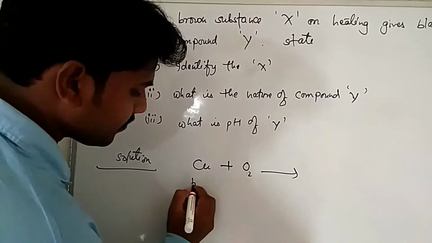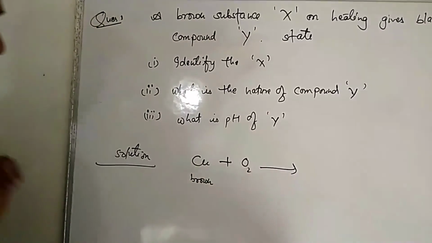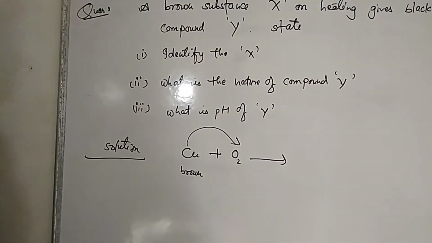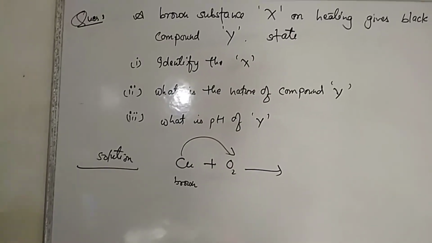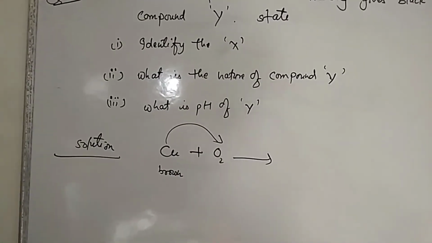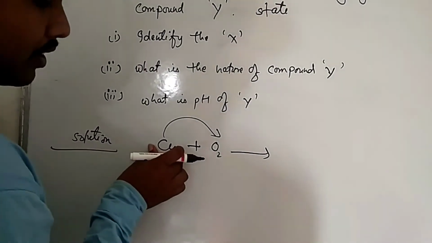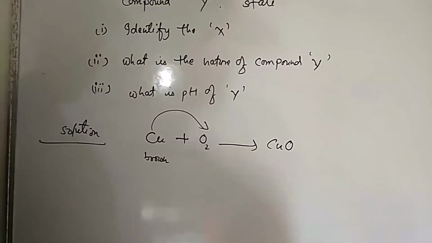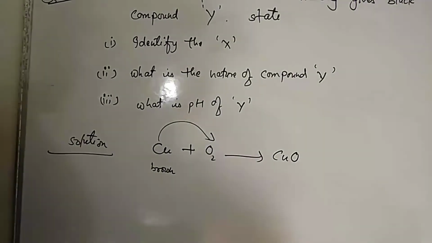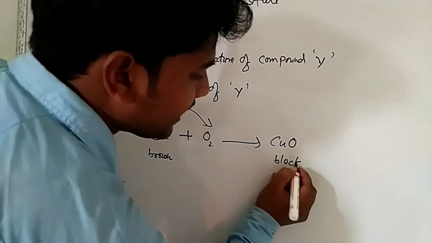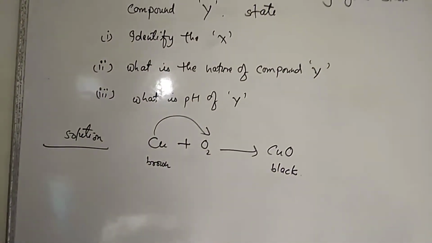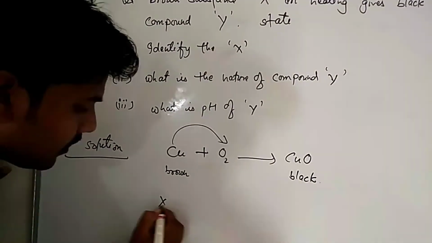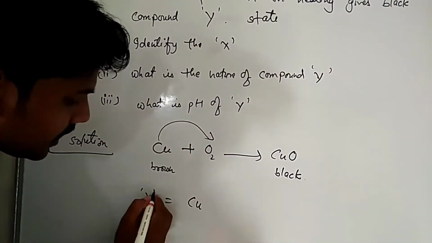When copper metal reacts with oxygen on strong heating, this copper combines with oxygen and gives copper oxide, which is black in color. So this is X. So X will be Cu.